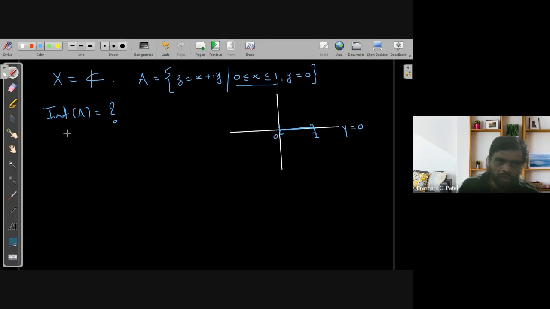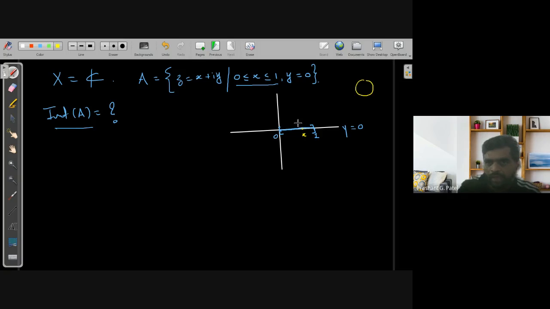The interior of this set. To calculate the interior, you have to draw a neighborhood of any point on this set. So if I pick this point X, the neighborhood of X will be a disk.